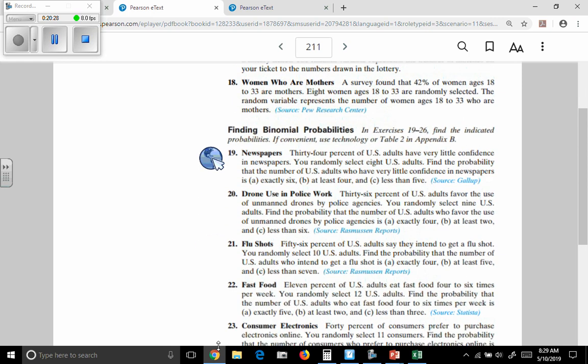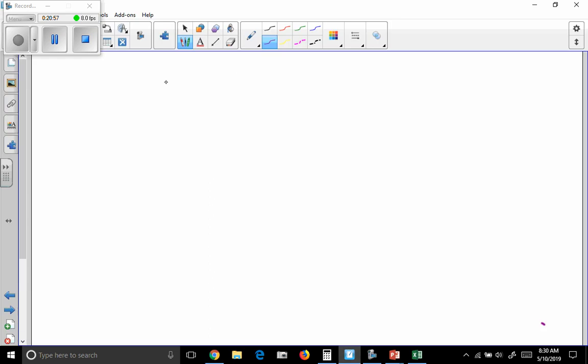So number 20 is similar to that. It's different, but it's similar. It says 36% of U.S. adults favor the use of unmanned drones by police agencies. We randomly select 9 U.S. adults, find the probability that the number of U.S. adults who favor the use of unmanned drones by police agencies is, and then they give us some choices. So X, our random variable, is going to stand for the number of people.